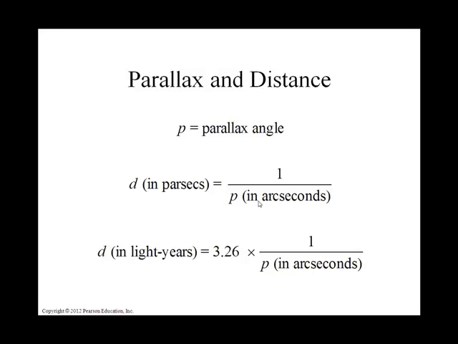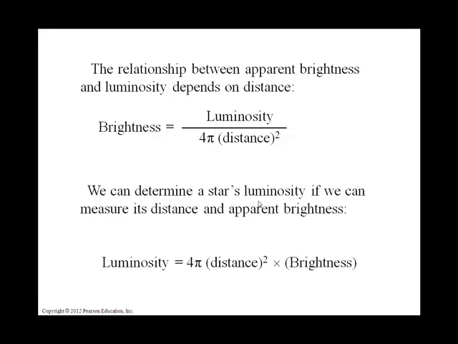So this is how we get the distance between us and relatively nearby stars by looking at parallax. And remember, there are a number of reasons we care about distances to stars, but one of the things we can do, if we have the distance to a star, is square that term, multiply it by 4, and then by the number pi, and then multiply it by the apparent brightness as we see it here on Earth, and then we have the star's overall wattage, or luminosity.